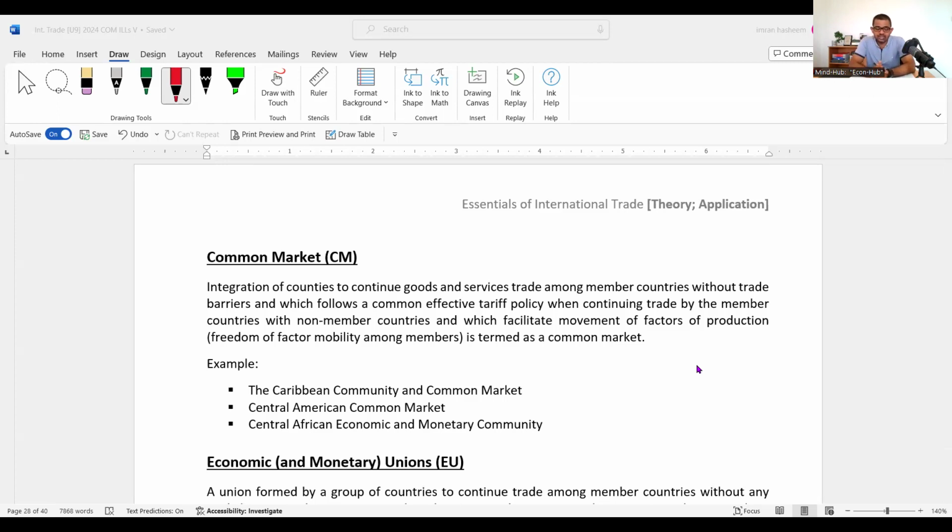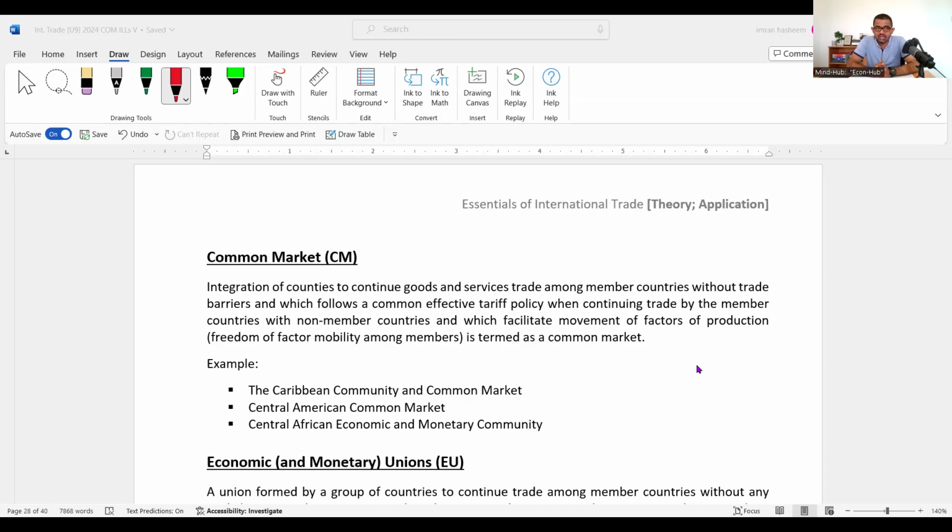All this time we had no barriers for trade, goods, imports, exports. Now we remove barriers across borders so that people and capital, money, and investment can freely move between the member countries. India, Sri Lanka, and Bangladesh, this is an example.